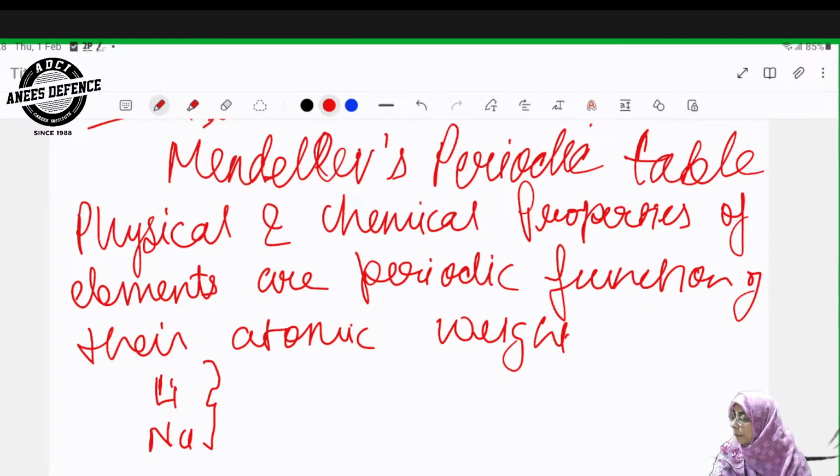This is called periodicity. That's why it is named the periodic table, because the elements are arranged in tabular form where their properties are repeated after a fixed interval, and that is called periodicity.